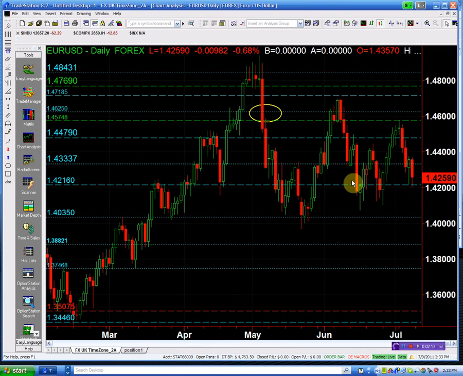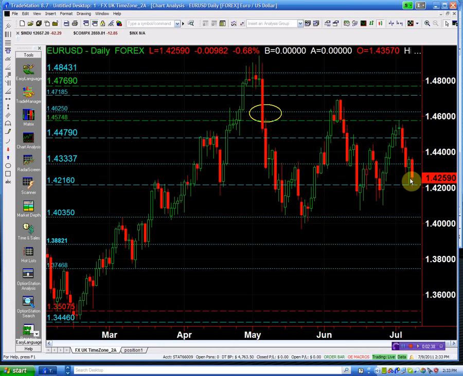The 143.33 has been our key point of discussion, and the 144 and the 142.16. These are the three structural points that the euro dollar has been moving so beautifully at or around.